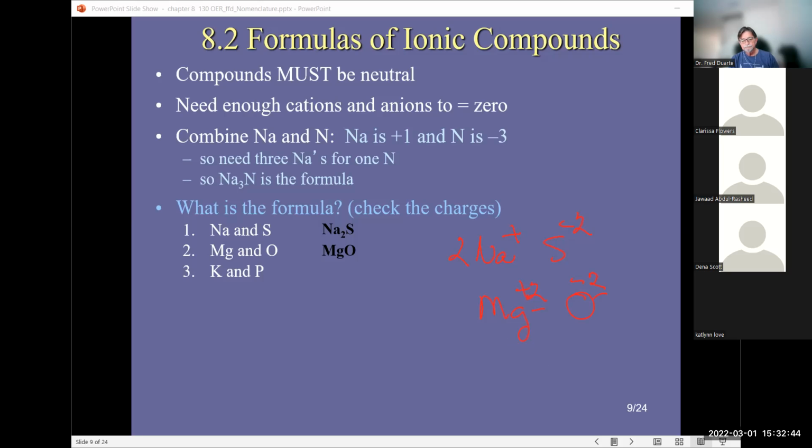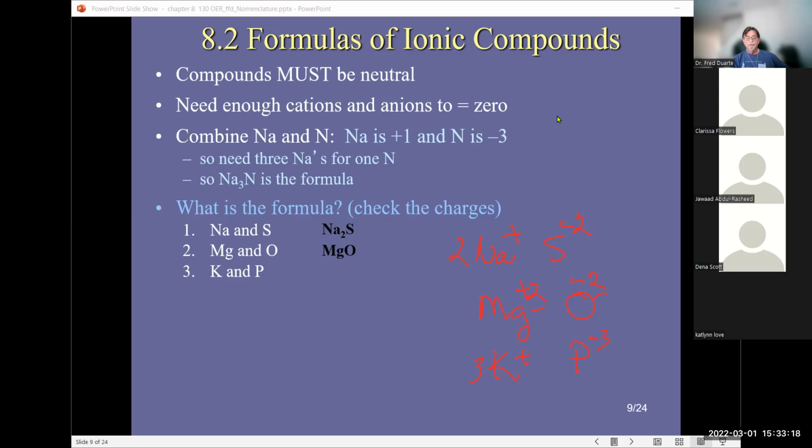Potassium is in group 1A and therefore has a +1 oxidation number. Phosphorus is in group 5 and it becomes phosphide with a -3 charge. Okay? Now, that means it requires 3 potassiums for every phosphide.